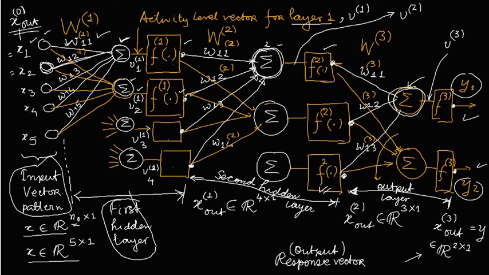So the second hidden layer is this one, and in the second hidden layer the number of neurons is equal to 3, and in the first layer it is 4.